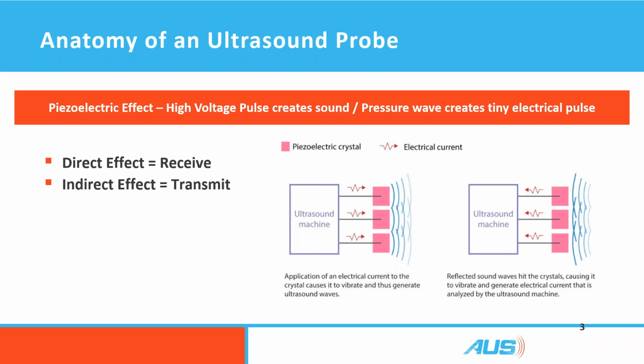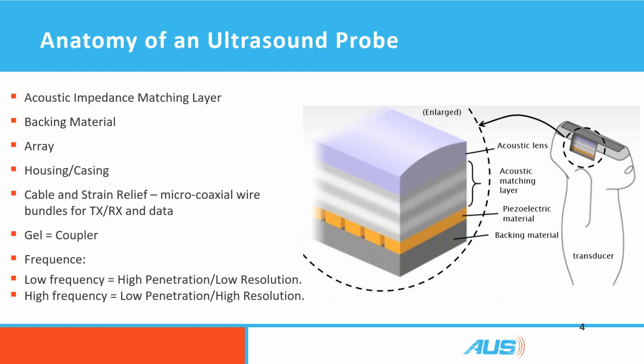We also associate that with the receive function in ultrasound. The indirect effect is basically when you take a high voltage pulse and deliver it to the crystal, causing it to send out a sound wave into the human body. And that is associated with the transmit pulse.